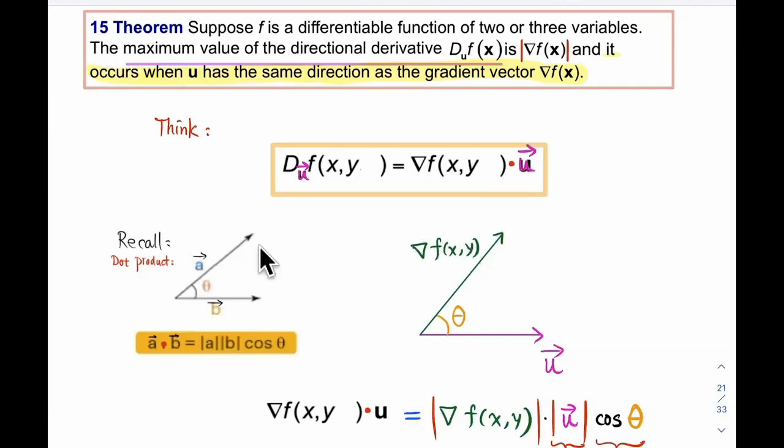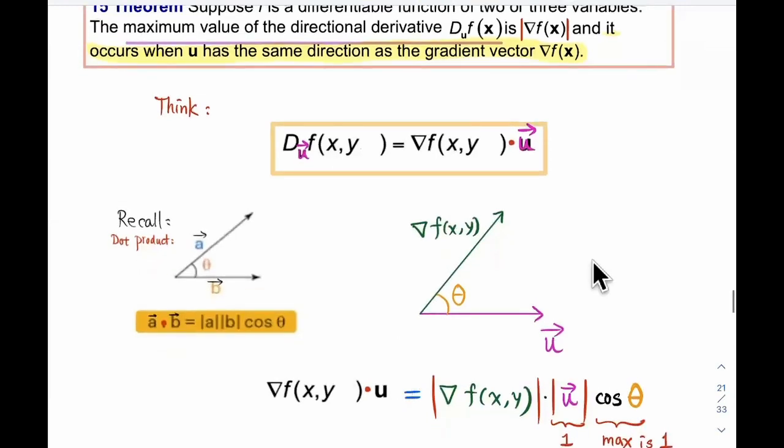How do we do the dot product? You take the magnitude of the two vectors times cosine theta, where theta is the angle between them. So here you take the magnitude of the gradient times the magnitude of u, and then times cosine of theta, the angle between them.